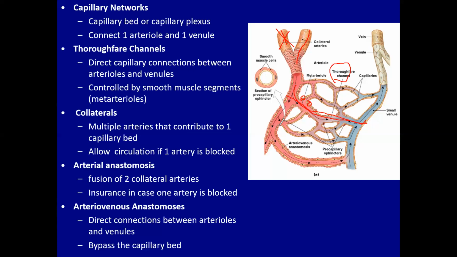An arterial anastomosis is when you have two collateral arteries, like here and here, that come together and fuse in case one is blocked. An arterial venous anastomosis is what you see right here, and that is a direct connection, again, between the arterioles and the venules, but they're straight up bypassing this capillary bed in case there is an issue here.